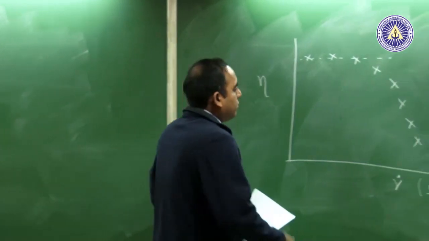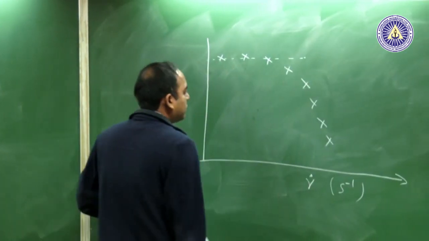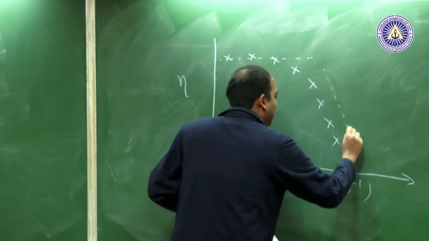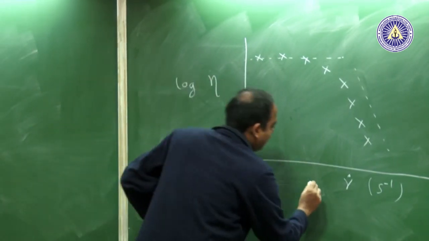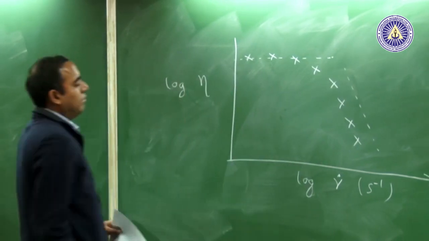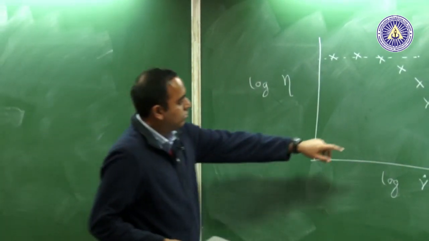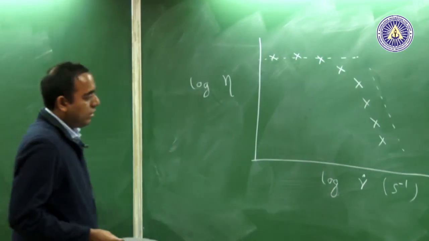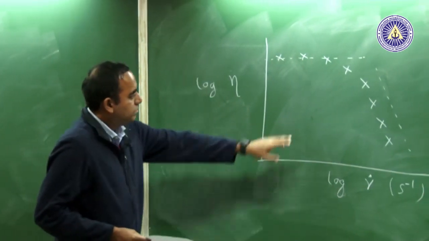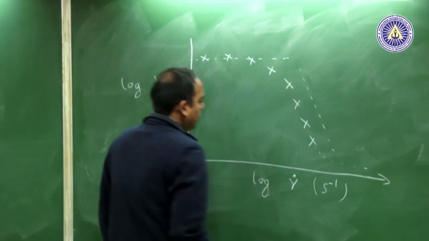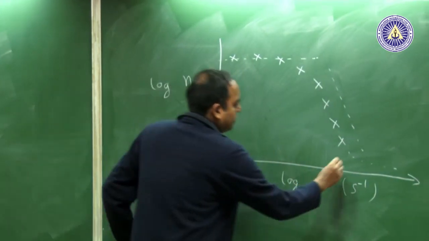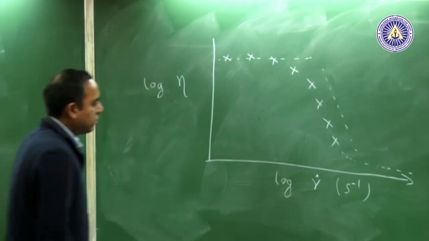For typical non-Newtonian fluids, you see a constant part, and then, before I forget, these are all log scale, a part which looks like a straight line on this log scale, which means there is a power law. Far away, at very high shear rates, it does show another plateau that I am not showing here.